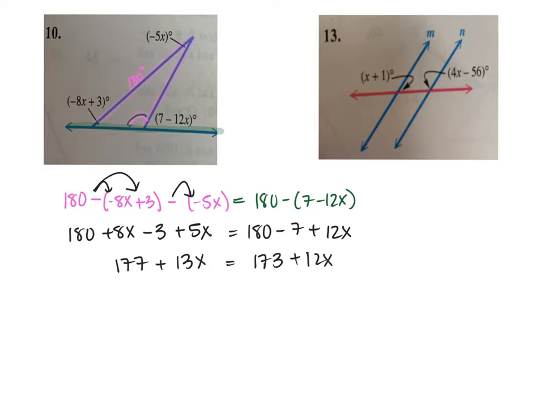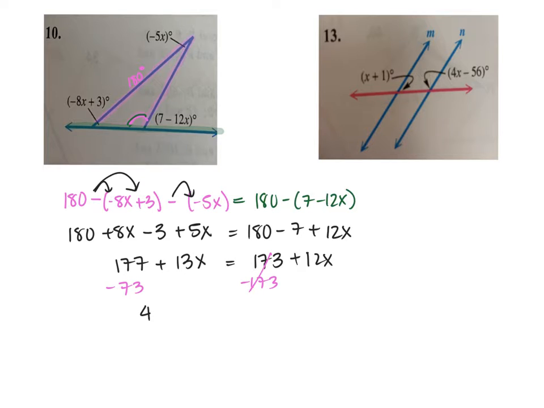So from here, if I want to get x by itself, I'm going to need to get x on one side on its own. So I'm going to remove the 173. And so that leaves me with 4.